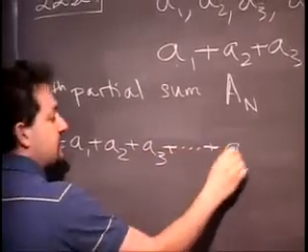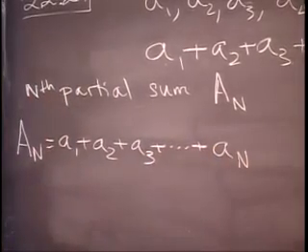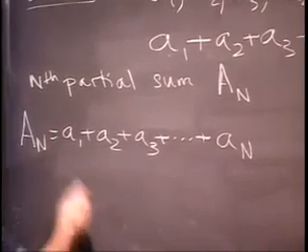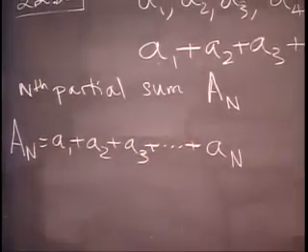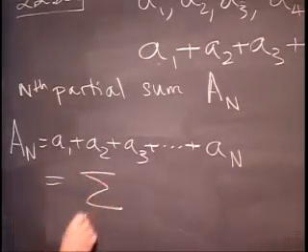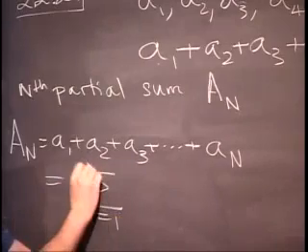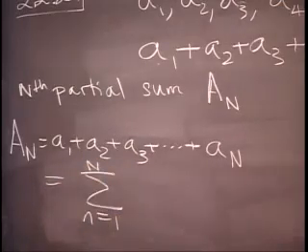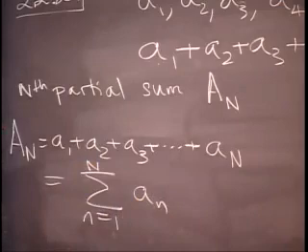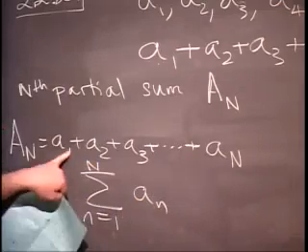So instead of going on forever, it's just the sum of capital N numbers. Nothing infinite. We know how to add up a finite number of numbers. No problem. So having defined this, by the way, we should write this in sigma notation as well. It's the sum from n equals 1 to capital N of a little n. So make sure you believe that this is the same as this.